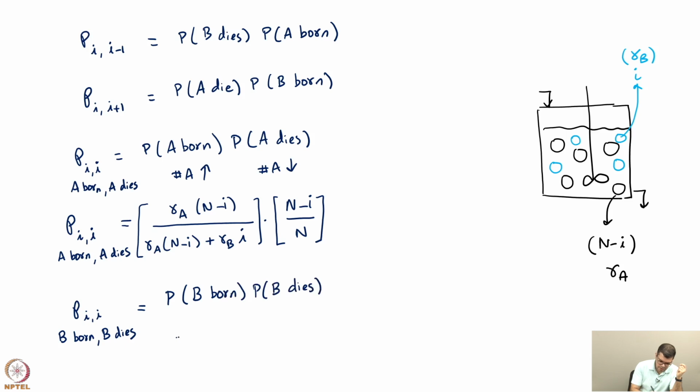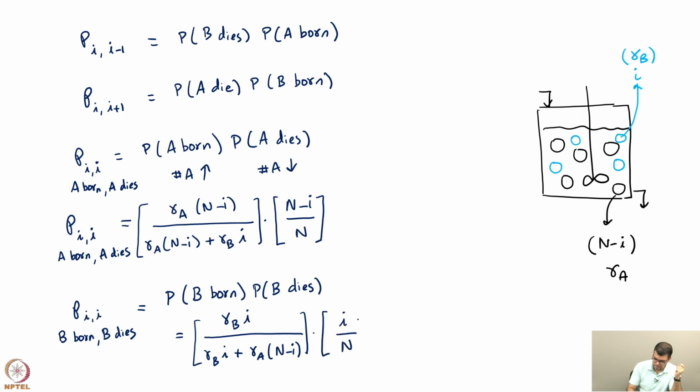And by now we have done this enough times that this is simply going to be Rb times I, the fitness of all B type individuals, divided by Rb times I plus Ra times n minus I, times the probability that a B individual dies, which is simply going to be equal to I divided by n.